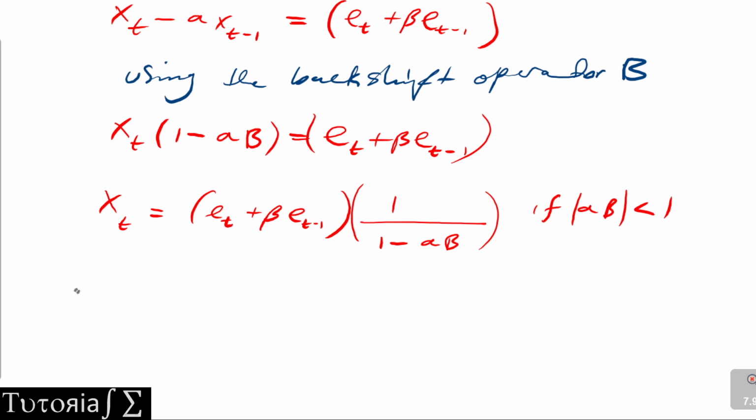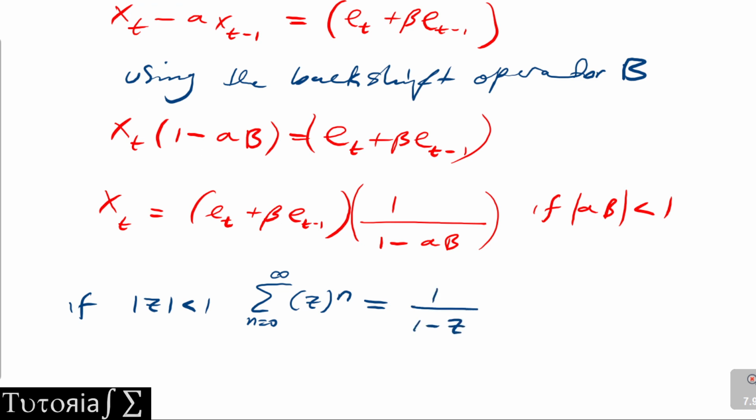That is, if the modulus of z is less than 1, then the sum of a geometric series converges to this: the sum from n equals 0 to infinity of z to the power n converges to 1 over 1 minus z. In this case, z is represented by that. You see that is there as long as there is a 1 here and a minus there. Z is that, and we can put it here.